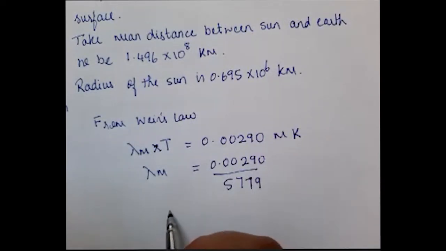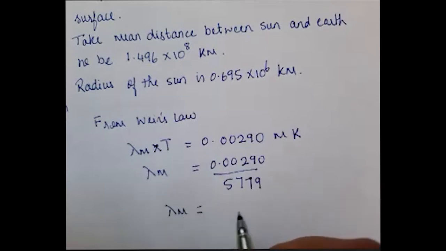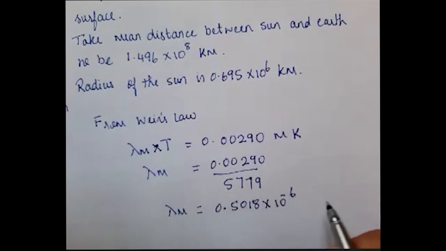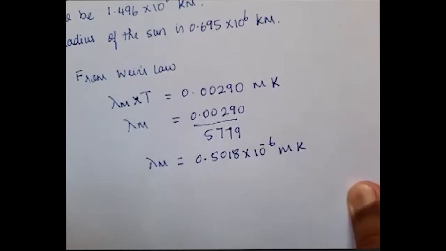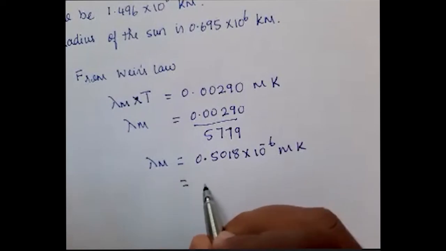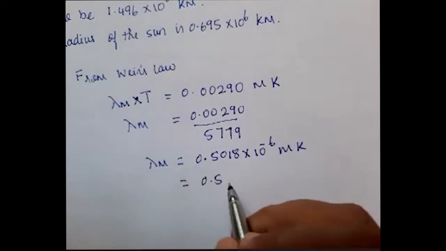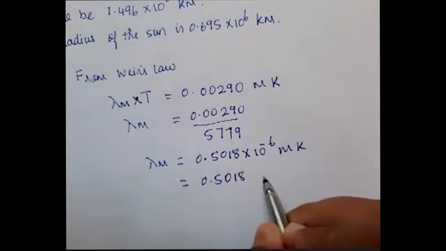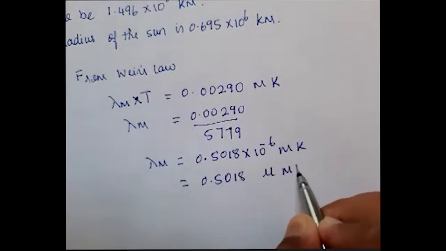This lambda m comes to around 0.5018 into 10 raised to minus 6 meter, and most of the times lambda is measured in microns, so it is 0.5018 micrometer.